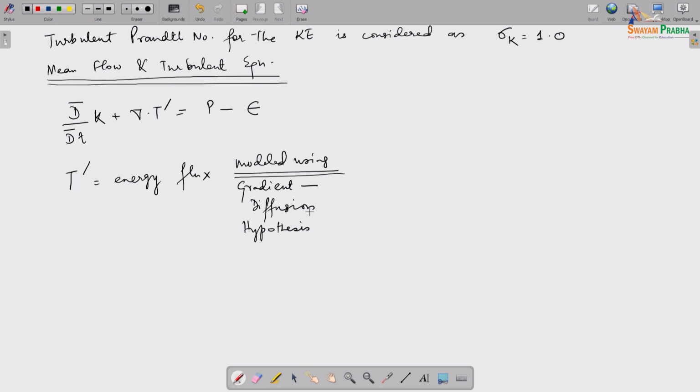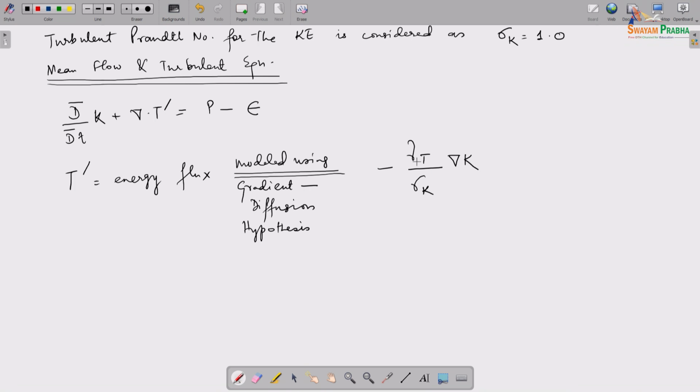This is something we described earlier. So we model that, and that comes out to be the gradient of this, and there's the turbulent viscosity.